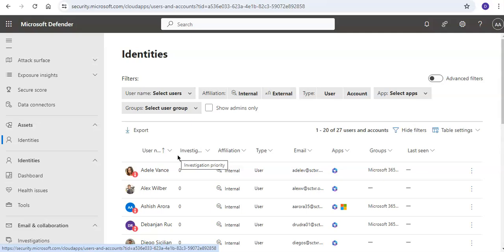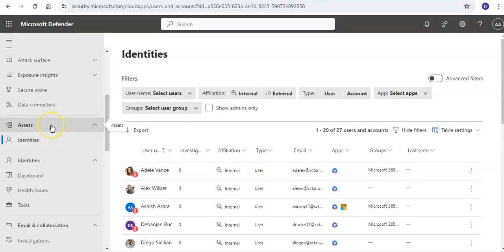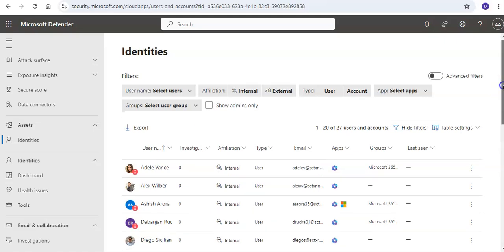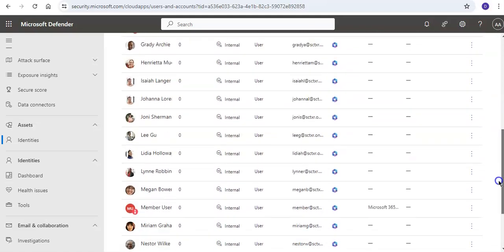You can deploy Defender for Identity to help your SecOps teams deliver a modern identity threat detection and response, which is ITDR, solution across hybrid environments. And if you come under Assets and click on Identities, it will show you the identities that you have in your environment.